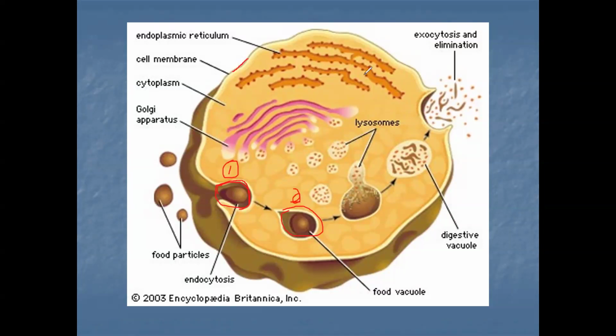First, the food particles attach themselves to the cell membrane, then the cell membrane forms a vesicle. Then the vesicle removes itself from the membrane of the cell, and then we have something like this.